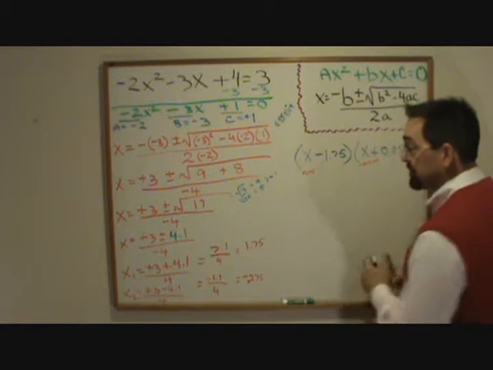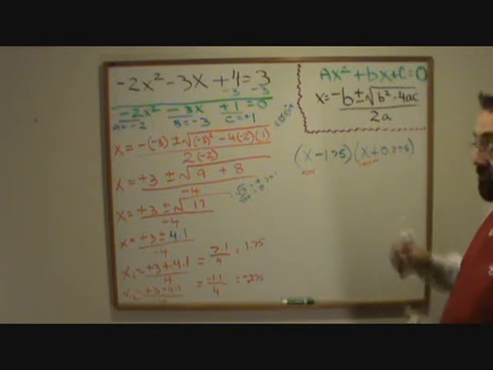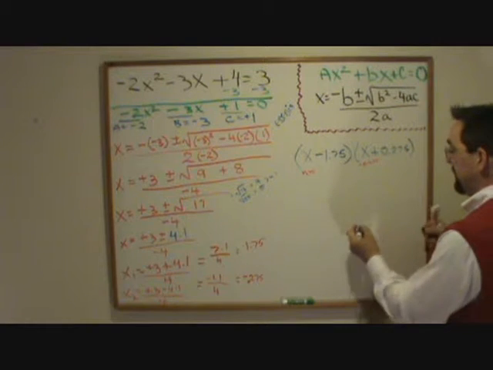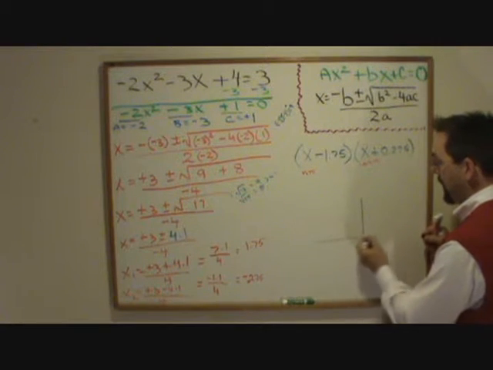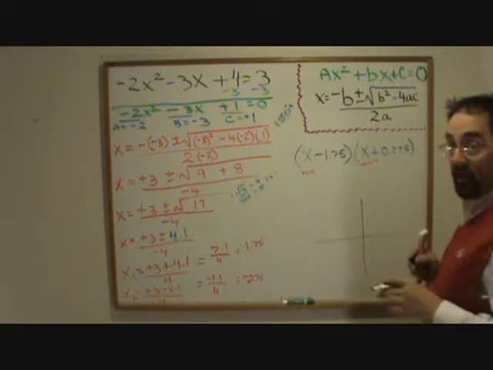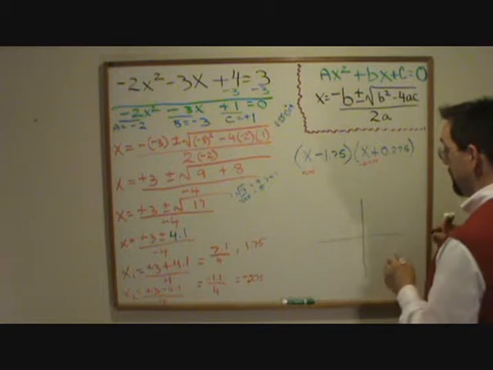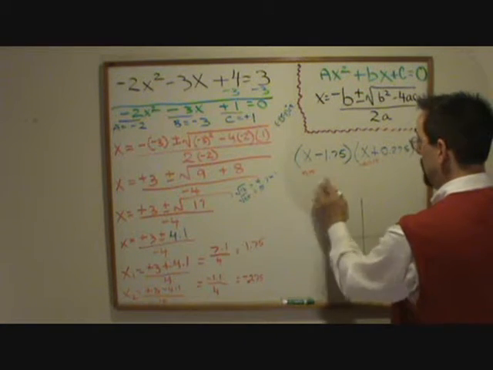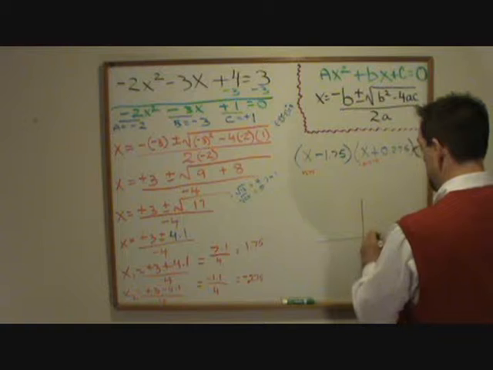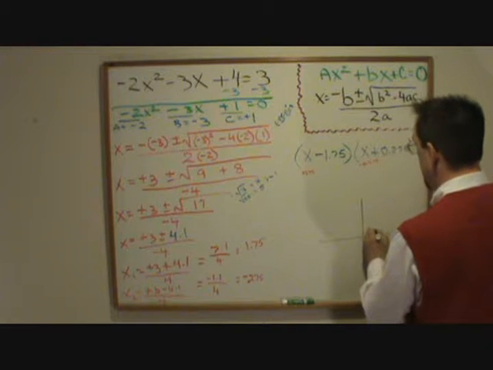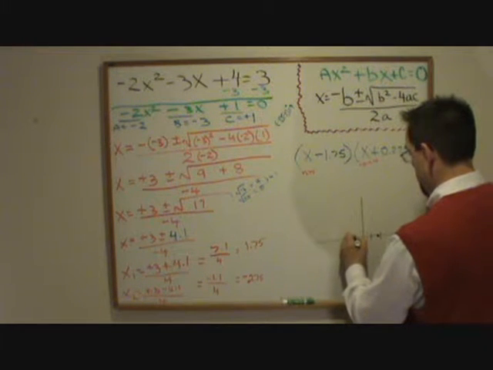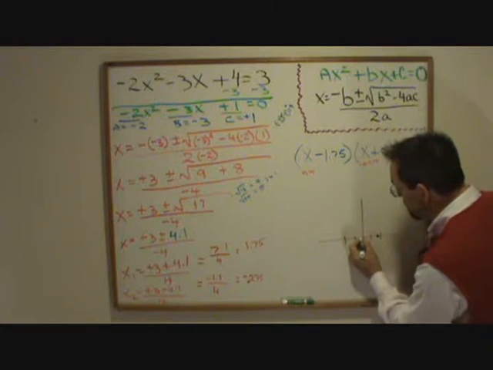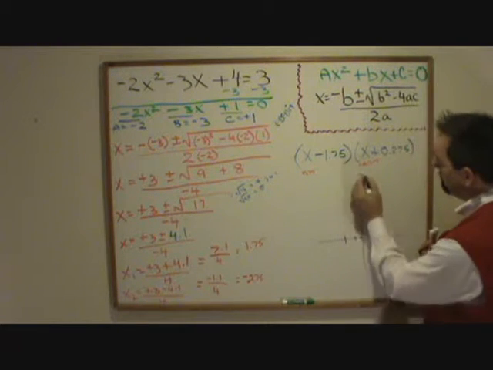Now, let's actually put this on a grid just so we can see it. Make sure we remember why we want to factor an equation like this, a quadratic. Okay, so let's see, 1, 2, positive 1.75. 1, 2, this is a small one right here, at minus 0.275.